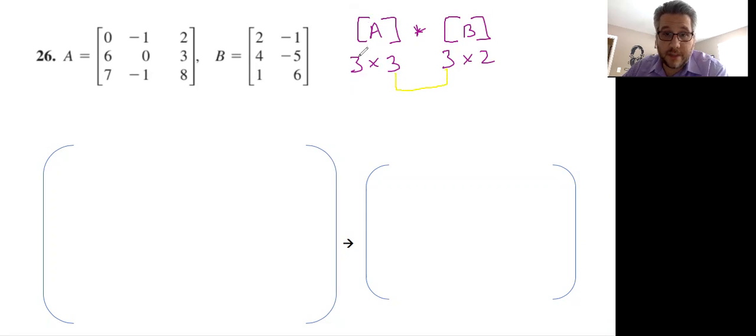That means that the resultant matrix will be of size 3 by 2. That helps me plan ahead so I can lay out my product matrix as having 3 rows, row 1, row 2, and row 3, and 2 columns, column 1 and column 2.